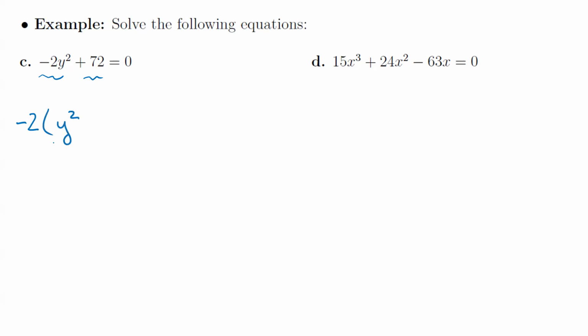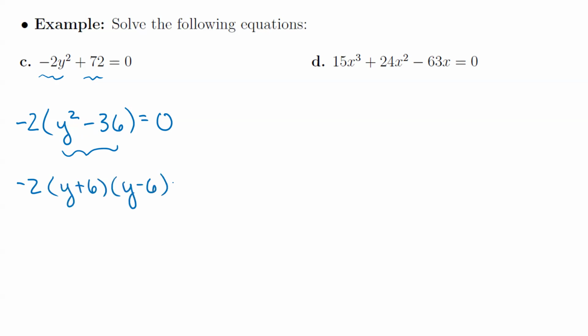So I get y squared in the first term, minus 36 in the second term. Now this also can be factored because it's, again, a difference of squares, right? So we know whenever that happens, y plus 6, y minus 6.